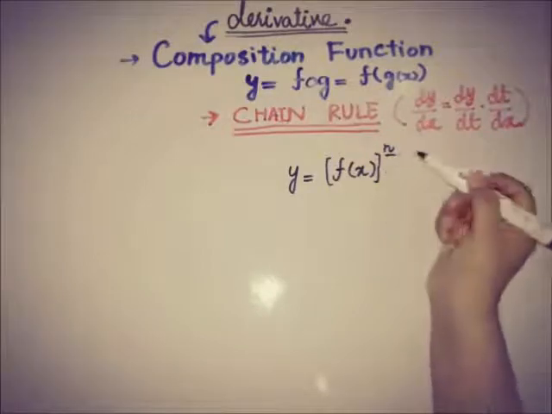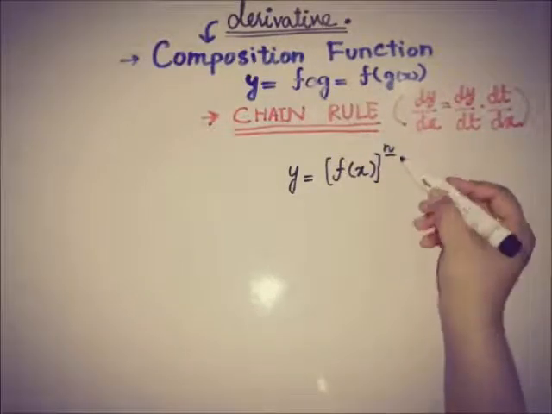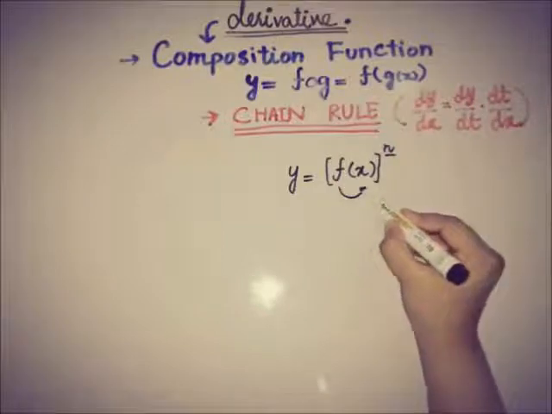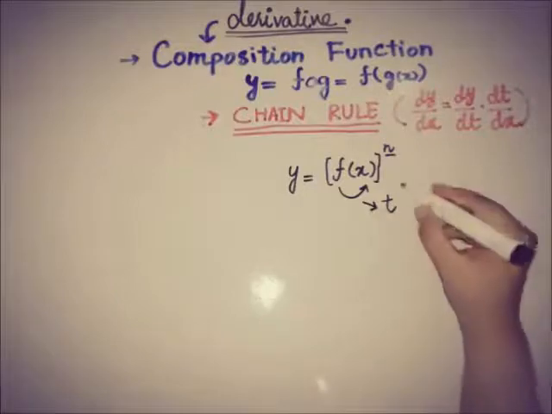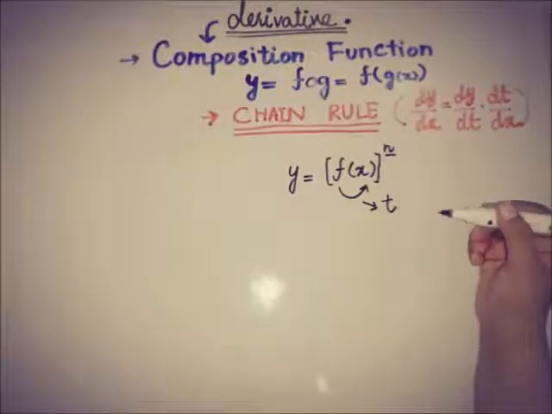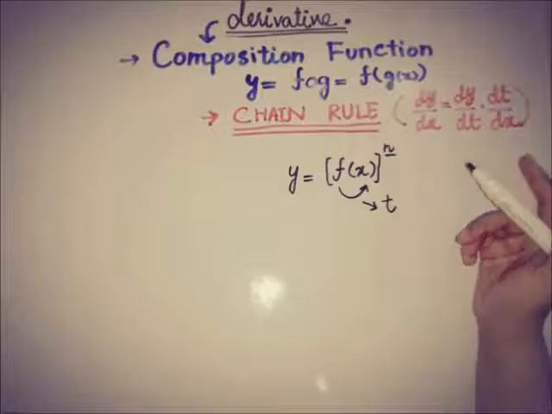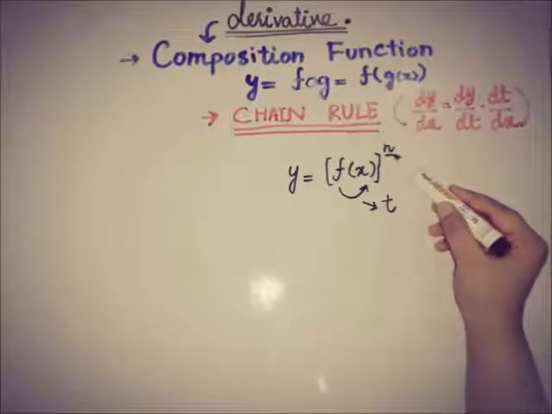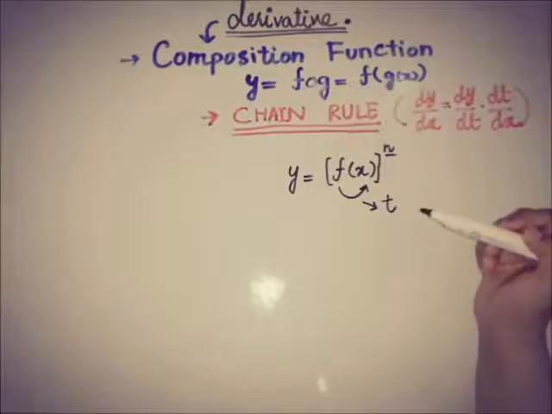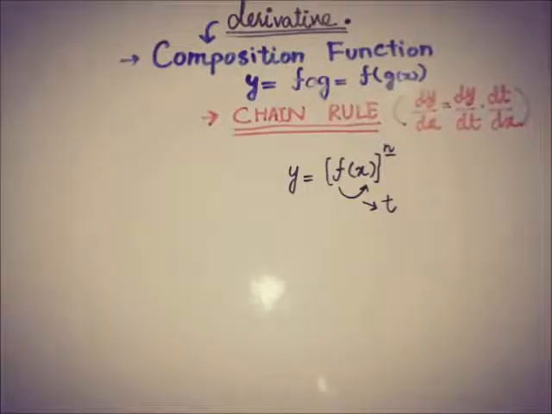In this case we can also use the chain rule by letting the function equal to some other variable t, or u, v, w, etc. Or if the power is very complex, we can let n equal to some other variable. As I have already said, it can make the complex functions simpler, and finding the derivative easier and clearer.